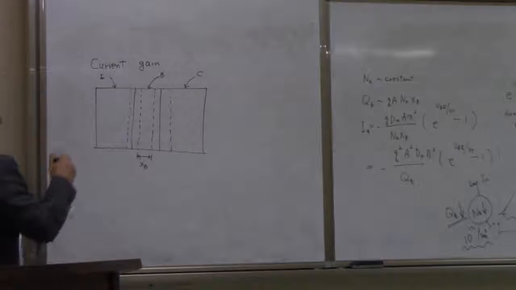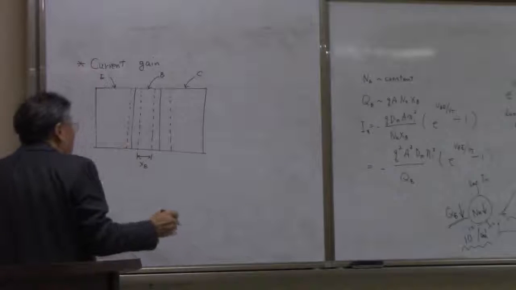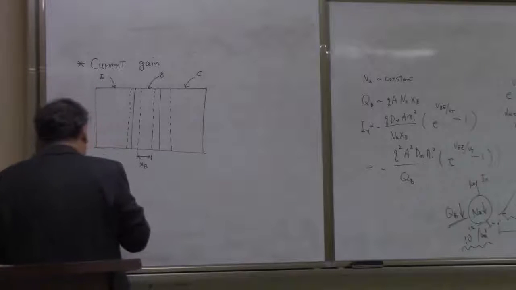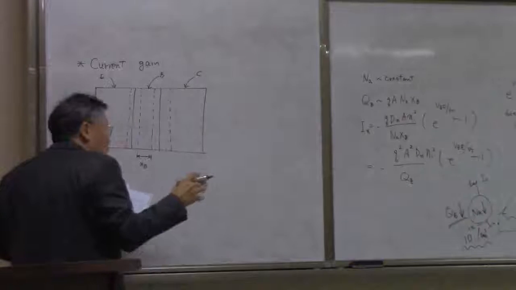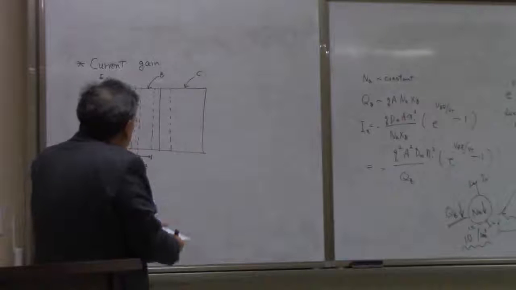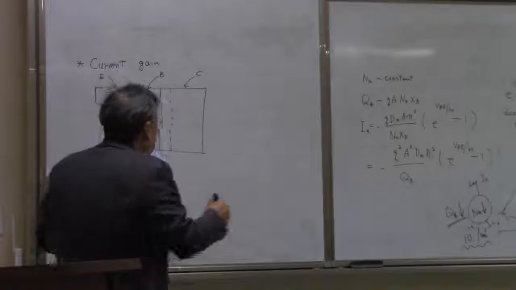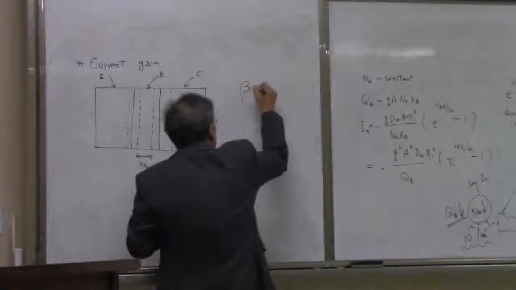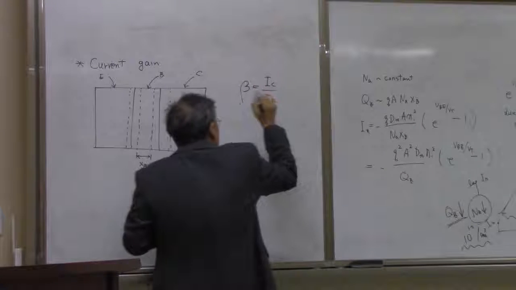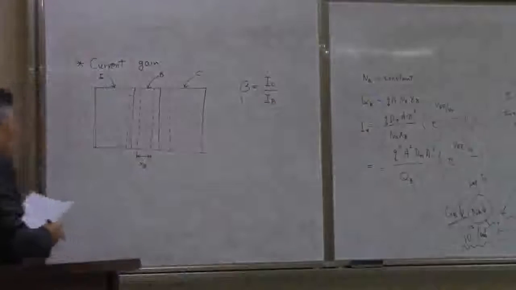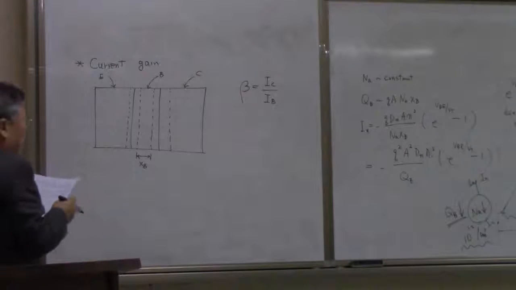Now, as far as the current gain is concerned, we have three factors which will diminish the current gain. Actually, the gain itself is a ratio of collector current with respect to the base current.